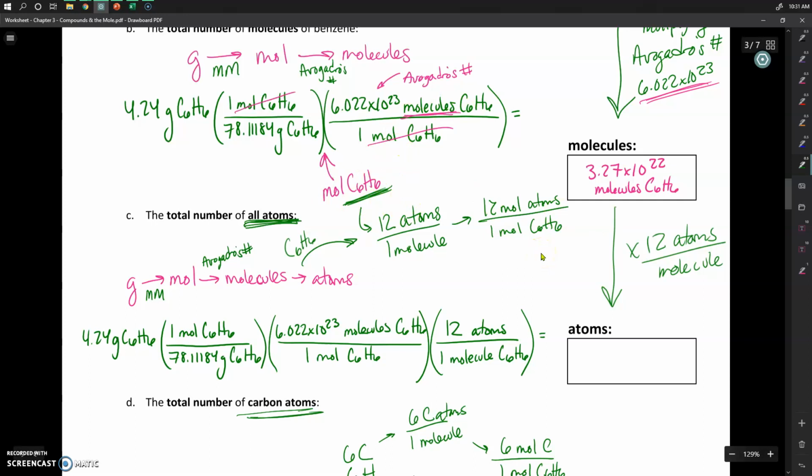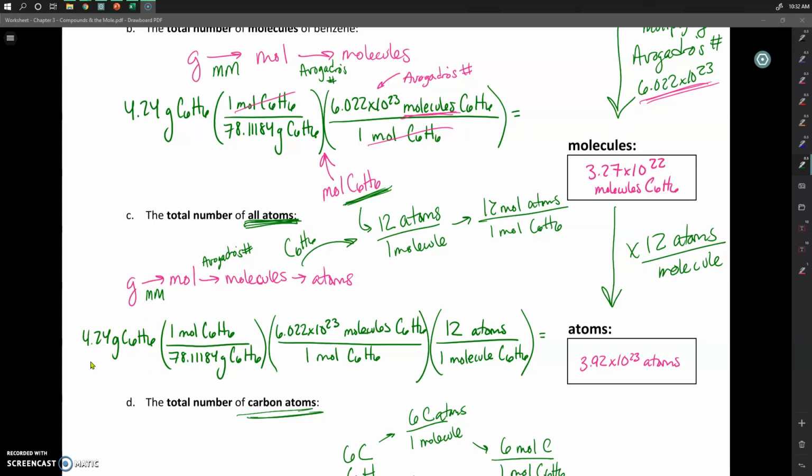Okay, so the answer you're going to get for that is 3.92 times 10 to the 23rd atoms, right? So that's the total number of atoms in this 4.24 grams of C6H6. Again, this is how we do it if we start with grams and go the whole way through, and you need to know how to do that. But if you knew the number of molecules, this is also how we would get to atoms from molecules. We would just multiply by 12 atoms per molecule.